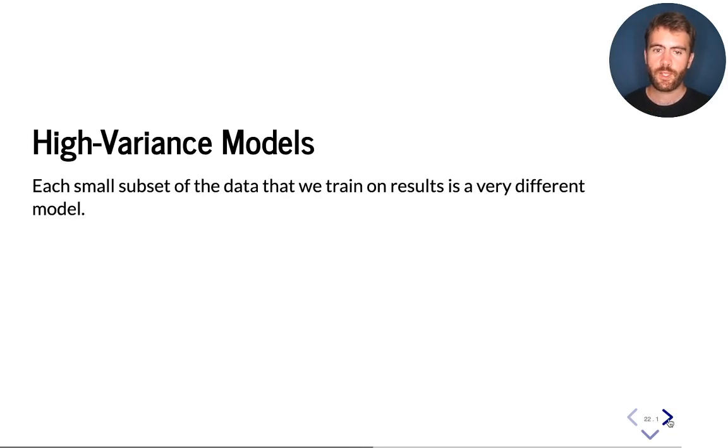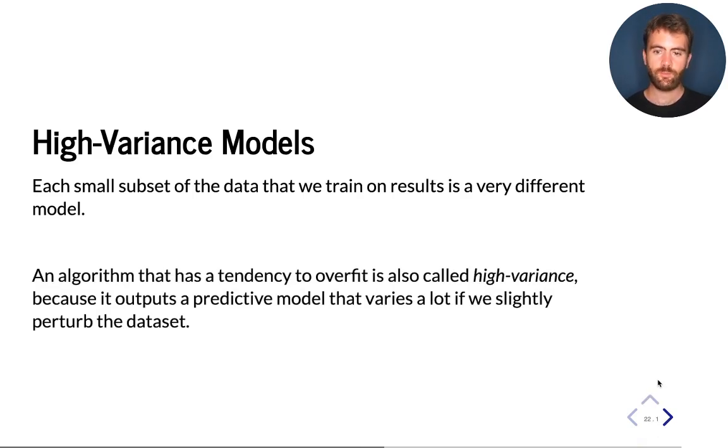So this problem is also called the high variance problem. If I were to summarize this, I would say that each small subset of the data that we train on gives us a very different predictive model. And an algorithm that tends to overfit, for this reason, is also often called high variance.